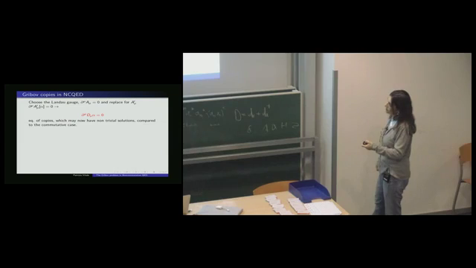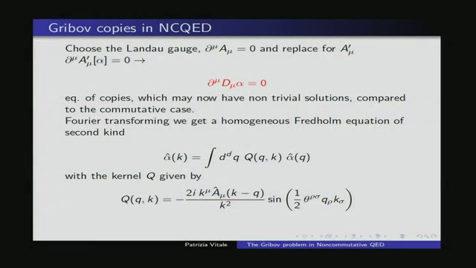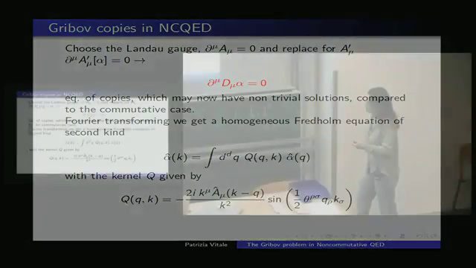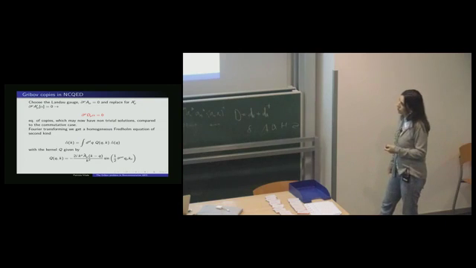So what is the equation that I get when I go in Fourier transform? I get this equation here. This k is a variable in Fourier transform, where the operator q is given by this expression.